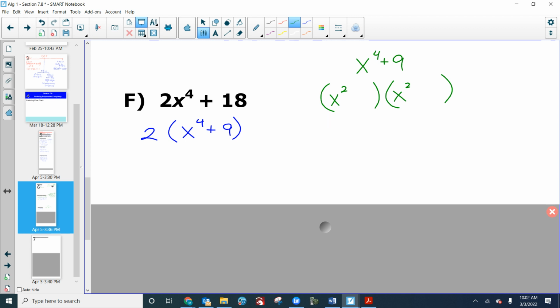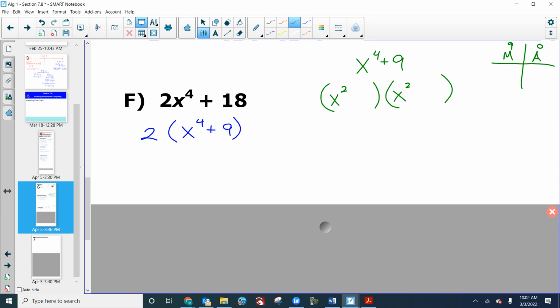Now, what has to happen if this is going to work? It has to multiply to 9 and add to 0. Can you give me numbers that multiply to 9 and add to 0? Positive 3 and negative 3.